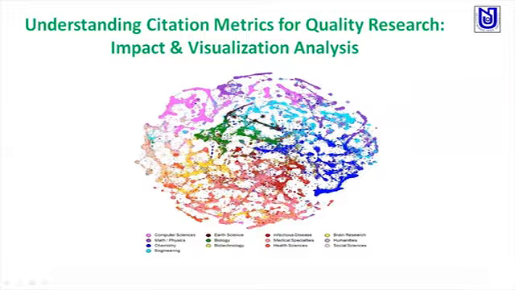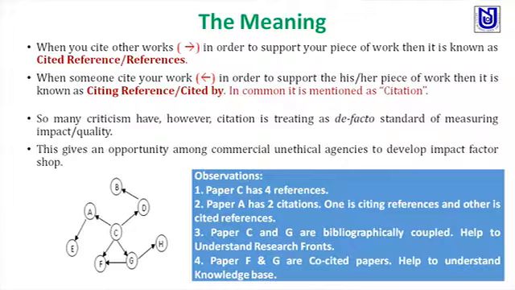So for our perspective, the interdisciplinarity or multidisciplinarity of a subject is nothing but the citation analysis or citation matrix. But fortunately or unfortunately, this word citation has various connotations and meanings in various places.